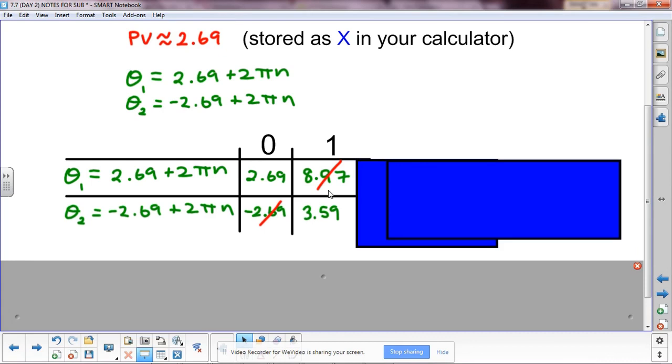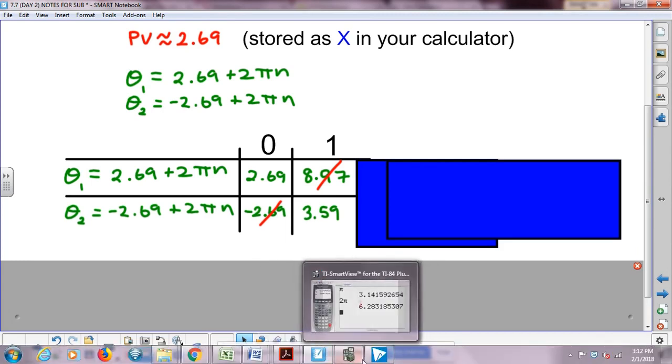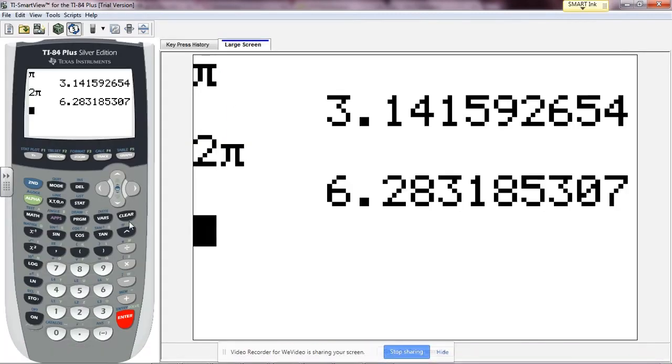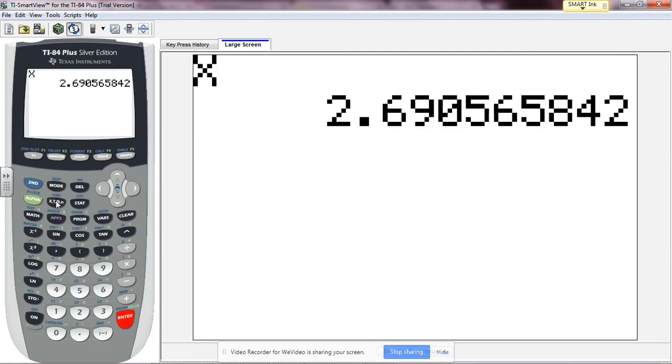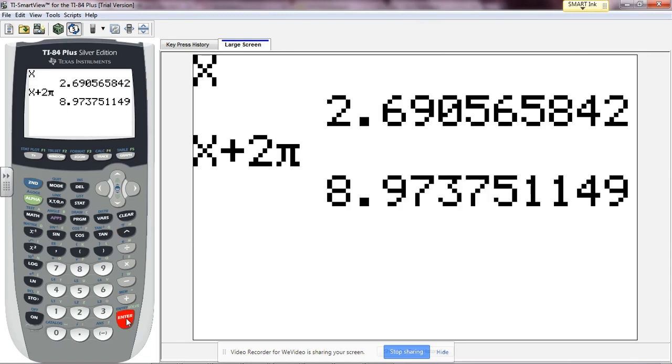Now, let me make sure you guys know how to do this in the calculator. You want to do this whole thing in the calculator with stored values. Remember we stored X as our PV. So you're going to go X plus, and then to get 2 pi, type 2, and then do second and the caret button, because above the caret button is pi. That gives you the 8.97, which you hopefully see is too big.